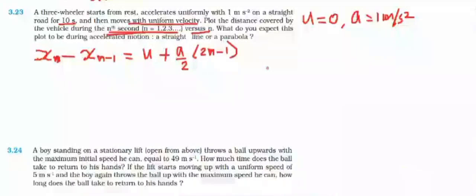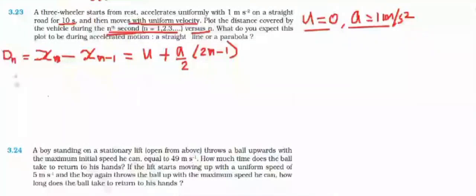That is the formula. There u is equal to 0 and a is equal to 1. This one we can take as d_n, the displacement in the nth second.